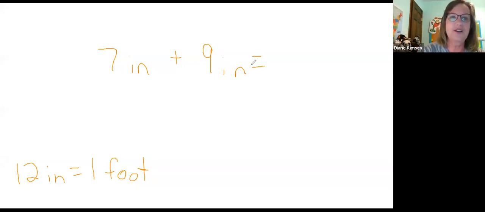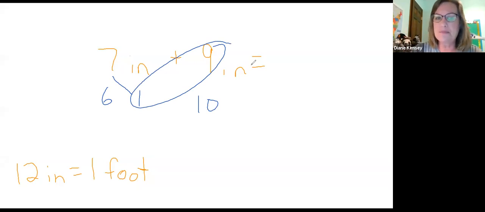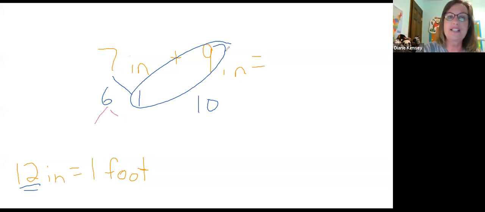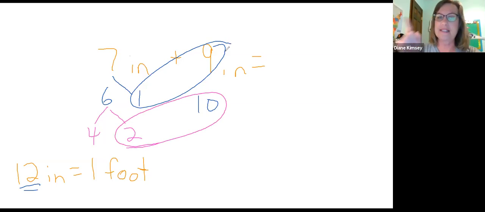All right, so that 9 is 1 away from being a 10. So how about if I do this first? Now we're to 10. All right, so I need to move that 10 up to a what? 12. Oh, okay. I know what I could do. I just need 2 more. And so 6 is the same thing as 2 and 4. So take a look right here. And 10 plus 2 equals what?